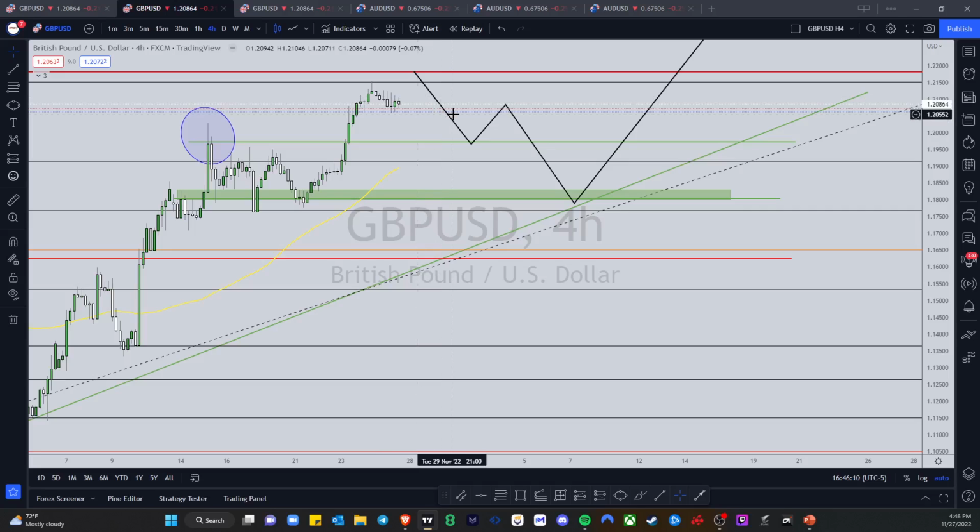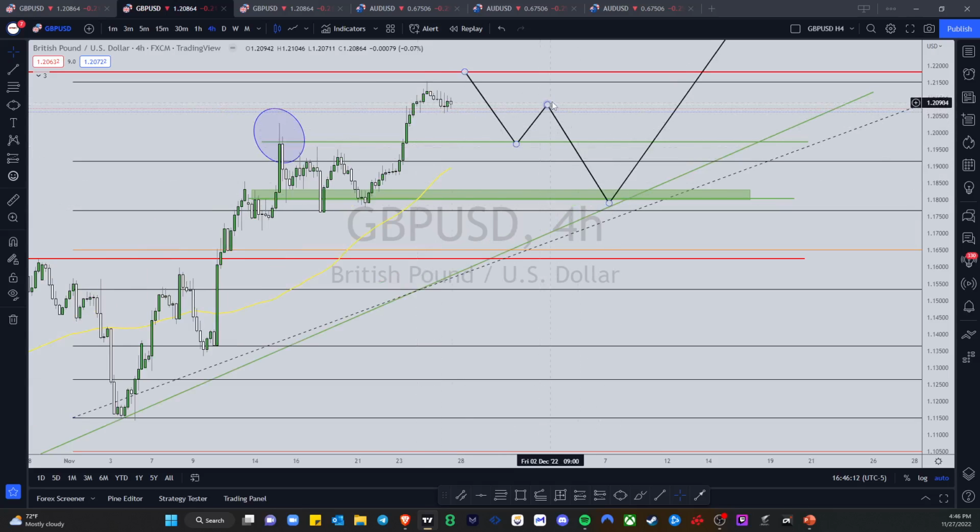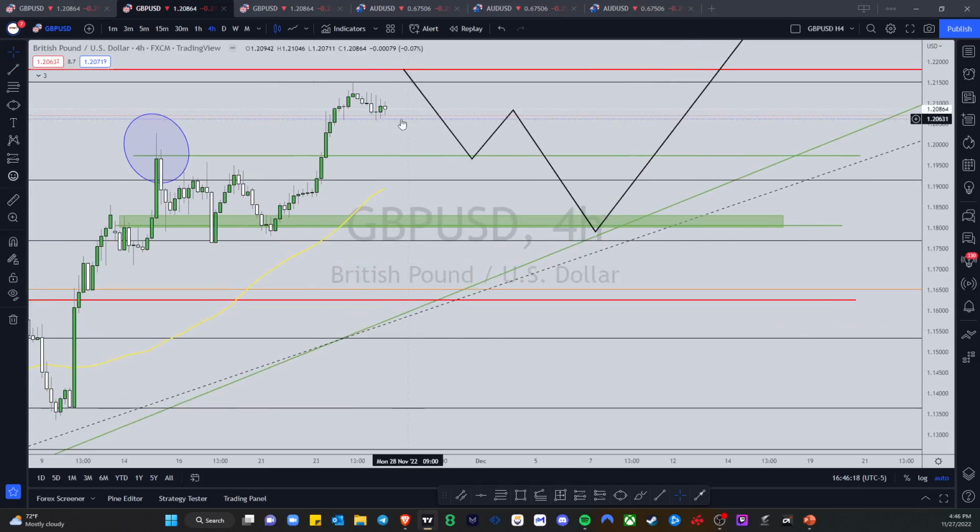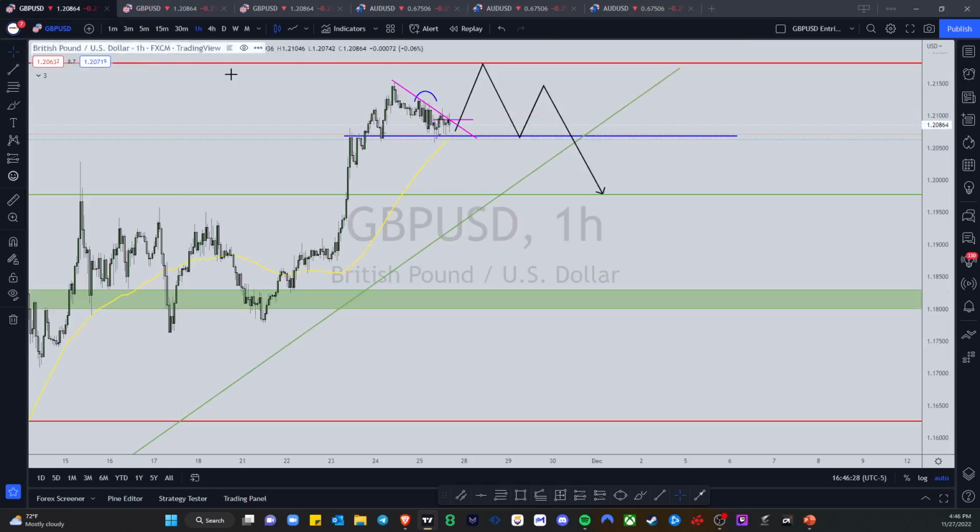But right now this is all speculation that it will make a lower high. Right now we're only looking for a buy all the way to the daily resistance level. All right, so we're gonna move to our H1.